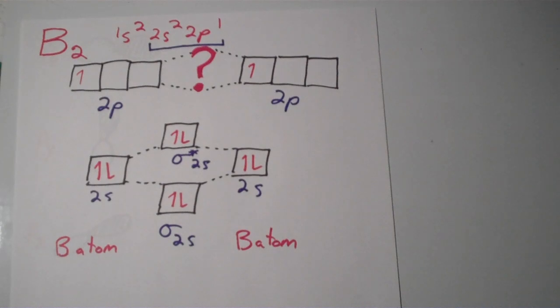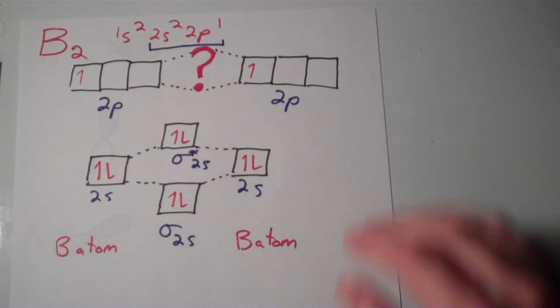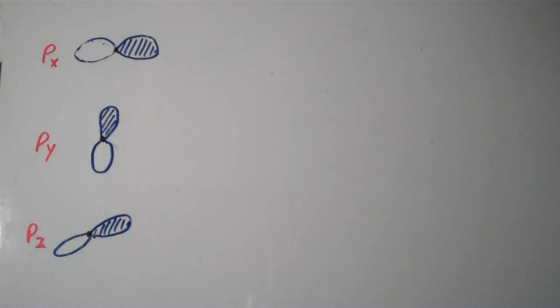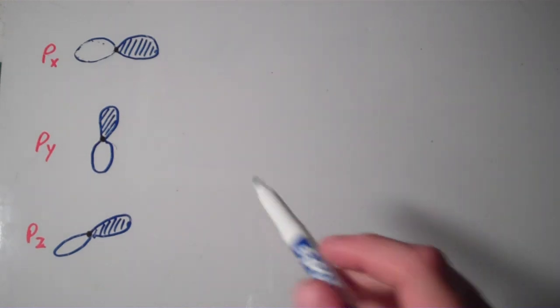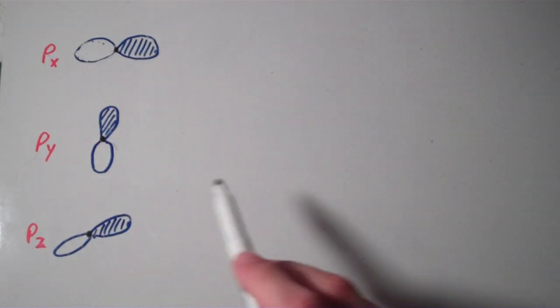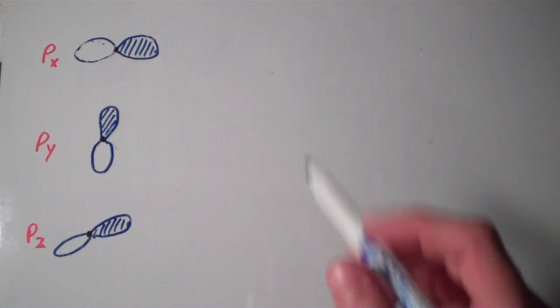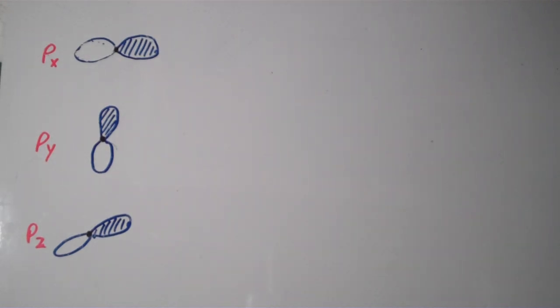It's actually different. To explain p orbitals a little bit, I'm going to show them pictorially. Recall that we have three p orbitals: px, py, and pz. The three p orbitals are mutually perpendicular, or orthogonal, to one another. Each one is perpendicular to the other two.